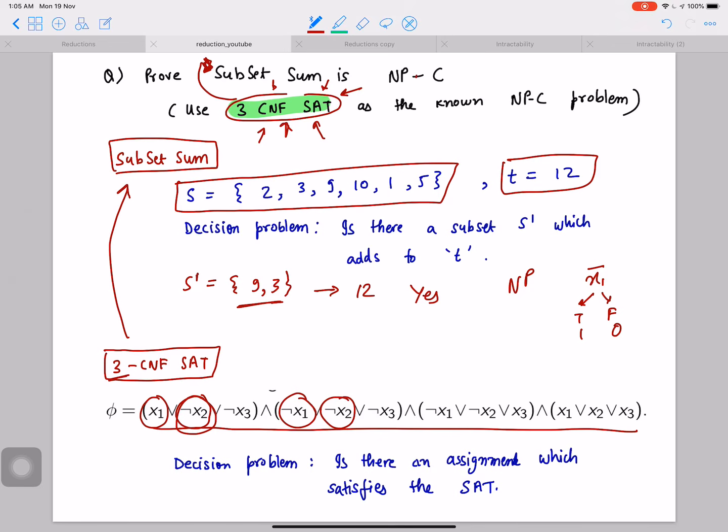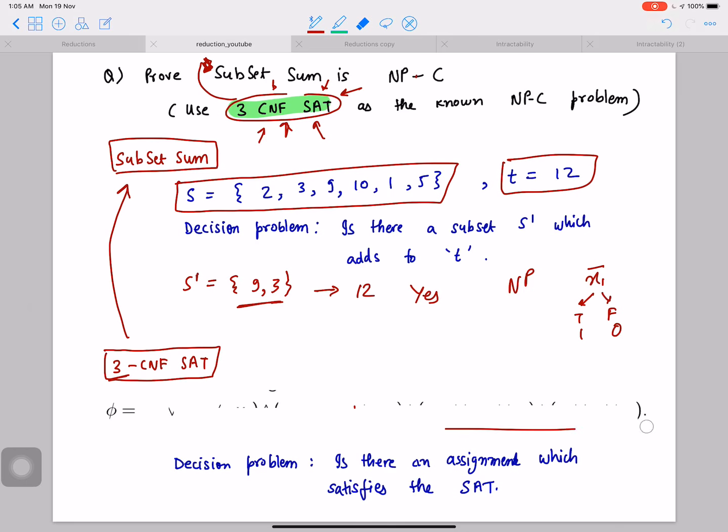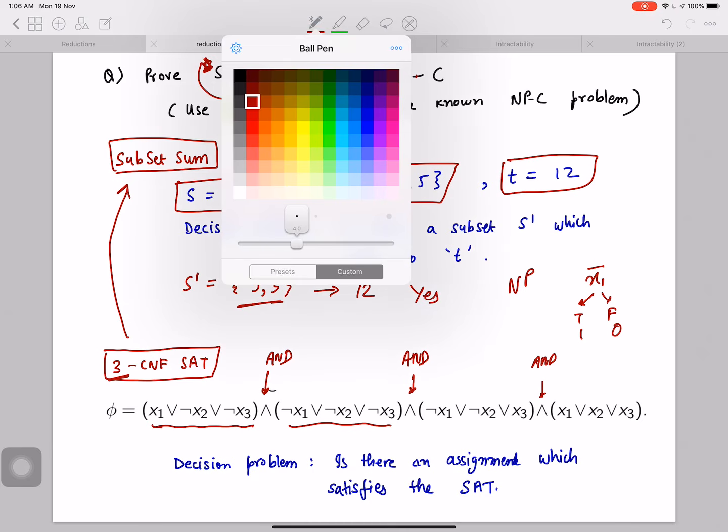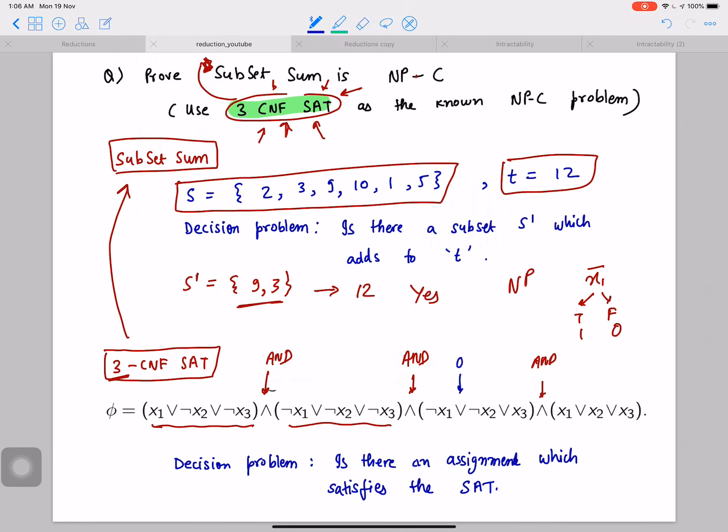So we have these Boolean literals, and you can see that we have these bracket things. The 3 in 3 CNF SAT represents the maximum number of literals in a bracket. So that is 3, see, 3, 3 and 3. And CNF is a special form in which all the brackets are joined with ANDs, and inside a bracket you can only have ORs.